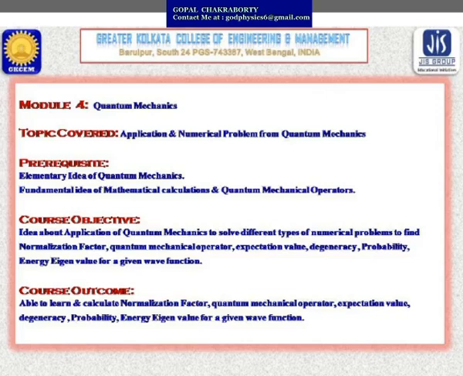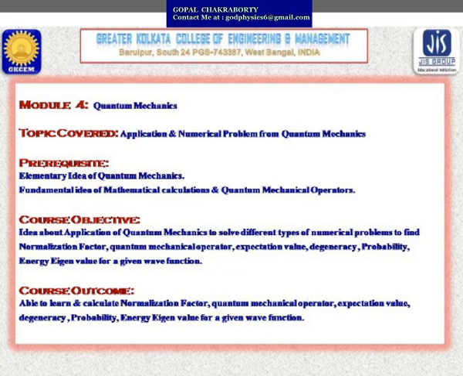A prerequisite for these topics is an elementary idea of quantum mechanics, a fundamental idea of mathematical calculation and also quantum mechanical operators.